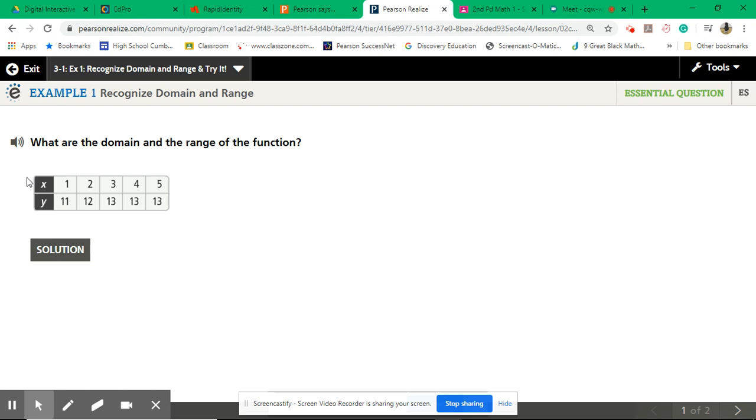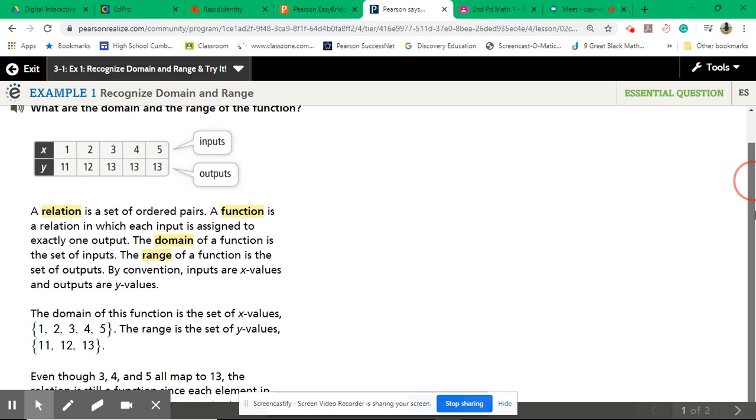The domain would be all of the x's, so the domain would be 1, 2, 3, 4, and 5. And then your range is all of the y's, so that would be 11, 12, and 13 because there's 3 13s. Okay.